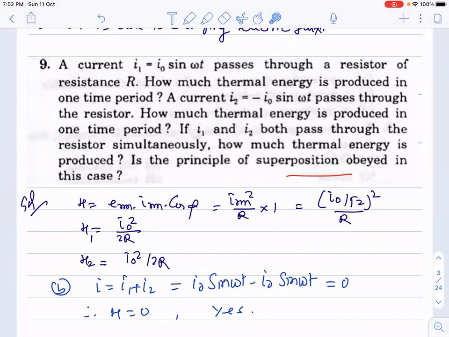V is equal to IR. H is equal to I square R, with cos phi 1.